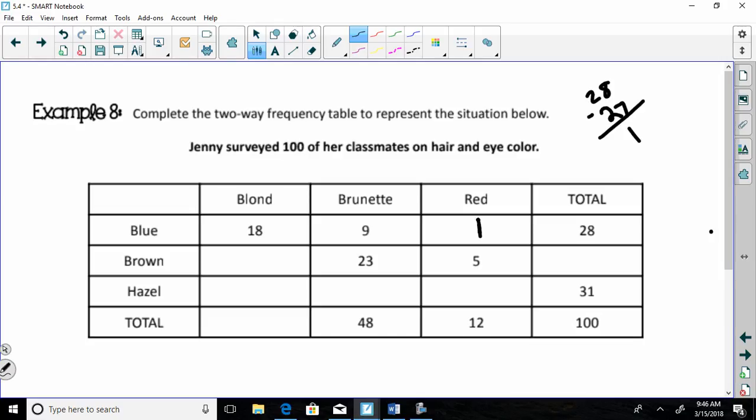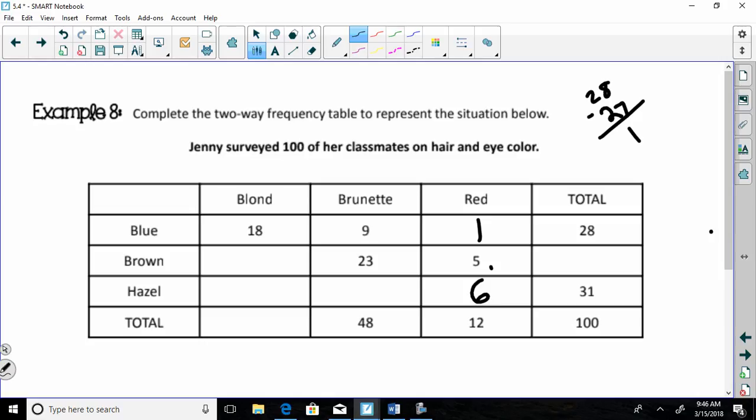So there's one redhead with blue eyes. So you're just finding the missing value. Right here, we have 1 plus 5, which is what? 6. And what would have to be added to it to get a total of 12? Another 6. So you're just finding the missing values. So it's like a puzzle.